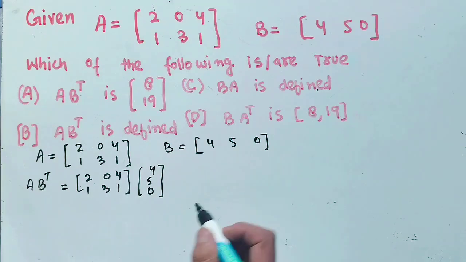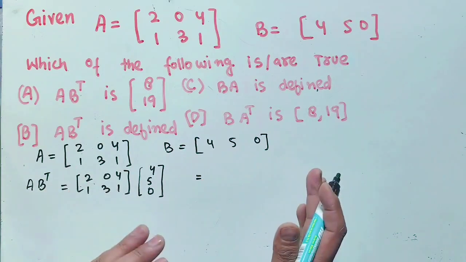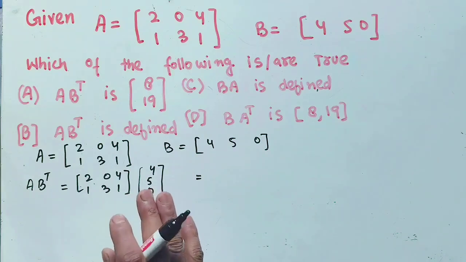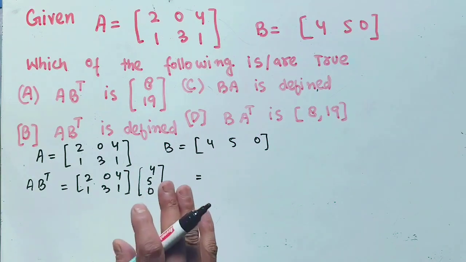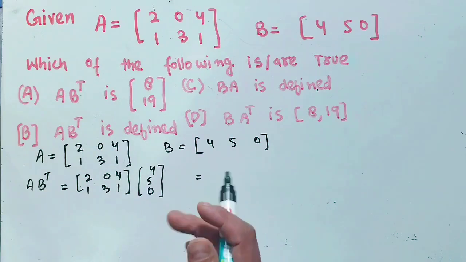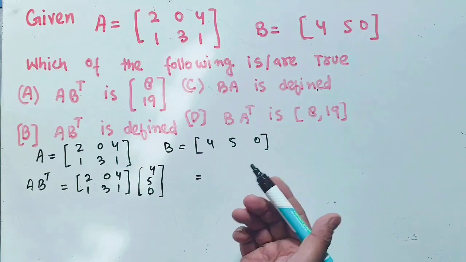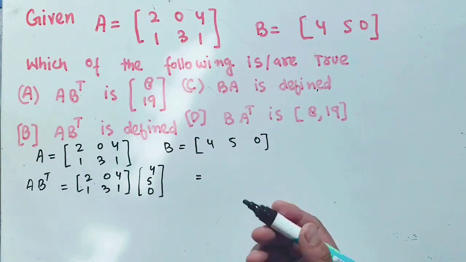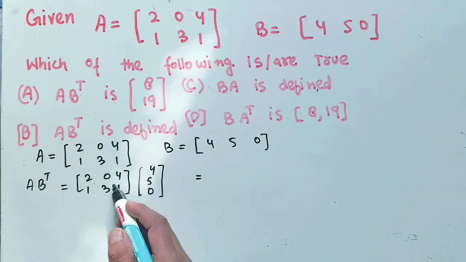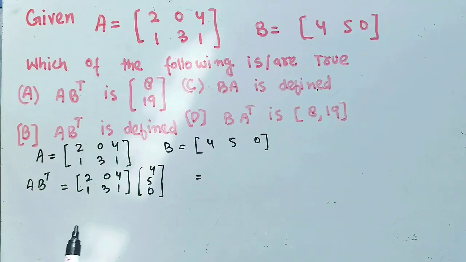Now for the product of these two, first we need to see whether the product is defined or not. For two matrices, the product is defined if the two matrices are conformable for multiplication. By conformability, we mean that the number of columns in the first matrix should be equal to the number of rows in the second matrix.